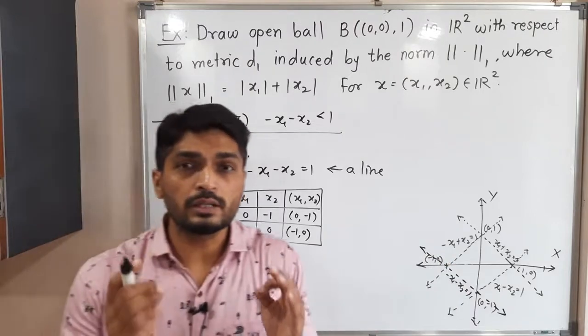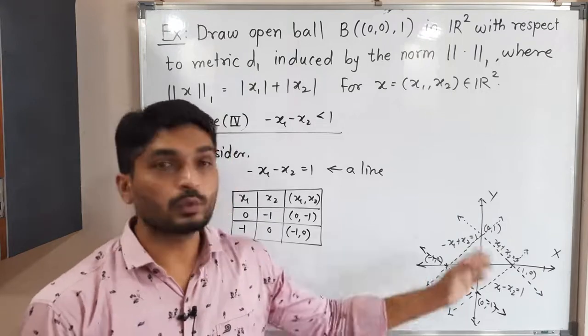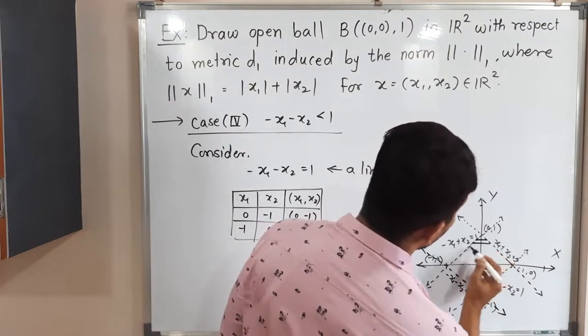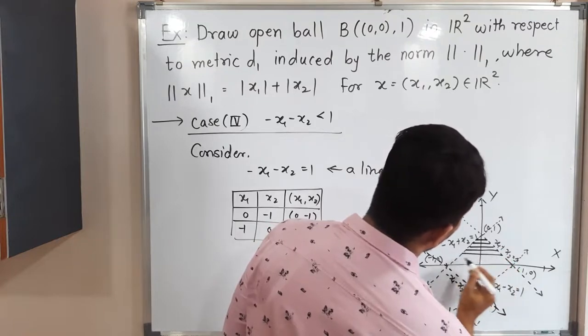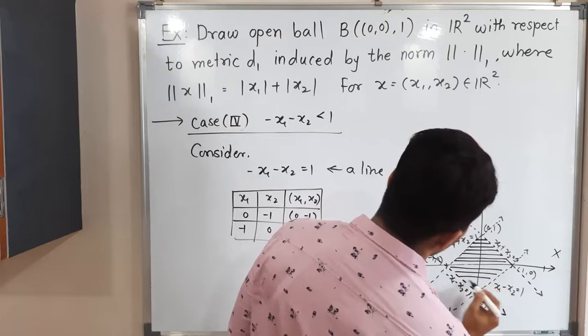That means the region is bounded by all these 4 lines. So what will be the required region? Let me draw here. So this is a region, we have a region like this. So yes, we got it.